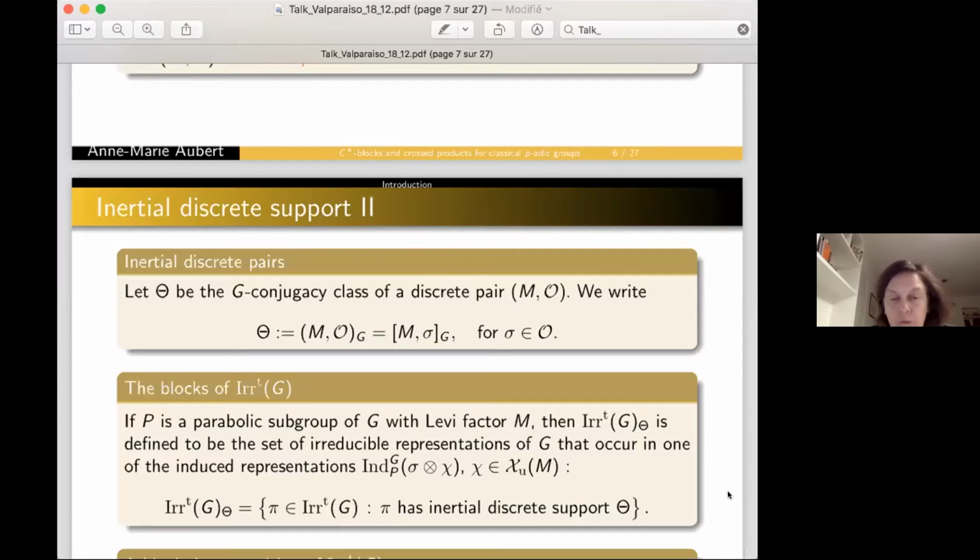And again, we can partition the tempered dual using these pairs. We'll do it as follows.